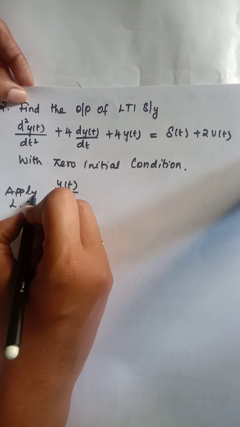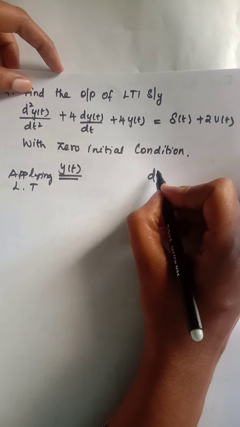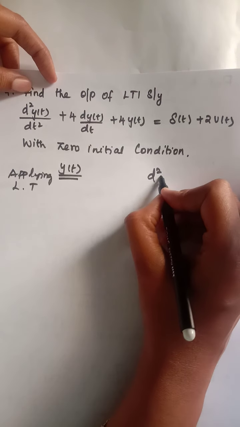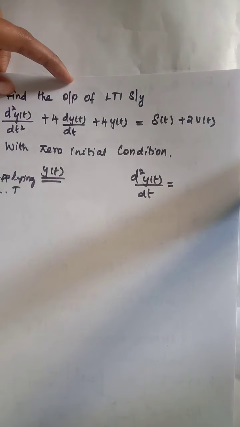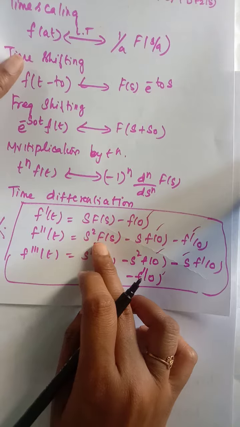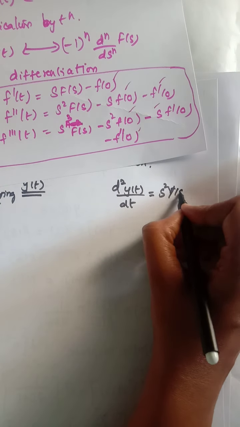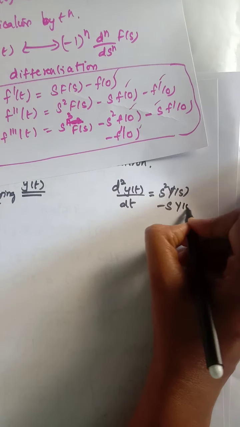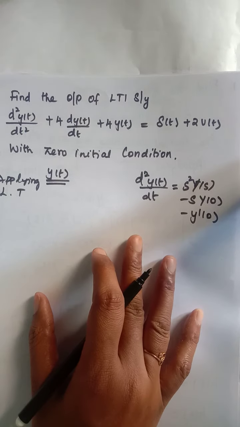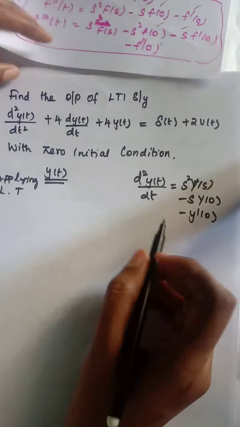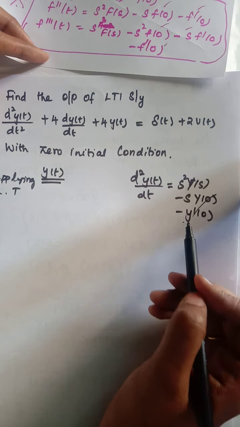Applying the Laplace transform to this equation, we know that d square y of t by dt square is, from the formula we have seen here, s square y of s minus s y of 0 minus y dash of 0. This is the formula for the second derivative, but here they have given zero initial conditions, so these terms get cancelled.